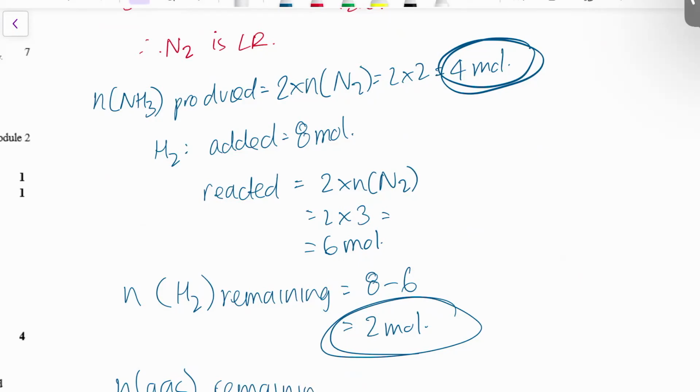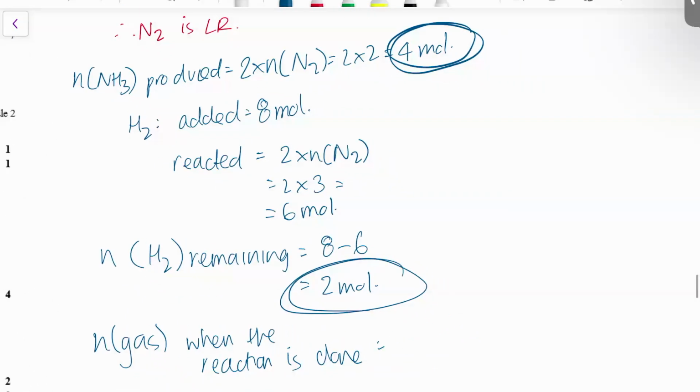So when the reaction's done, there's NH3 left and there's H2 left. There's 4 NH3, there's 2 H2. How many moles of gas in total by the time the reaction's done? 4 NH3 got made. 2 H2 is still left over. It didn't go anywhere. So at the end, you have 4 moles of NH3, you have 2 moles of H2. How many moles of gas in total? 4 plus 2 gives you 6 moles left over.